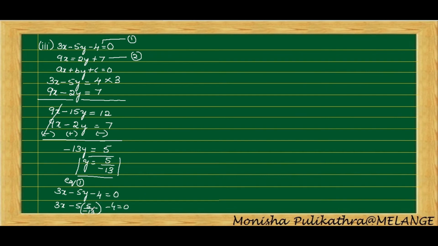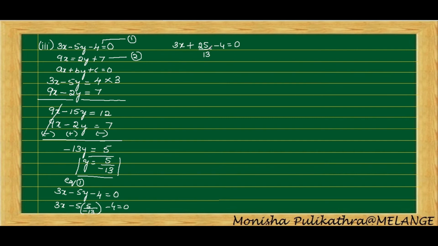Okay, y is 5 by minus 13 or minus 5 by 13, both are same. So here 3x, here minus is there, so minus into minus is plus. Okay, plus 5 5s are 25 by 13 minus 4 is equal to 0.